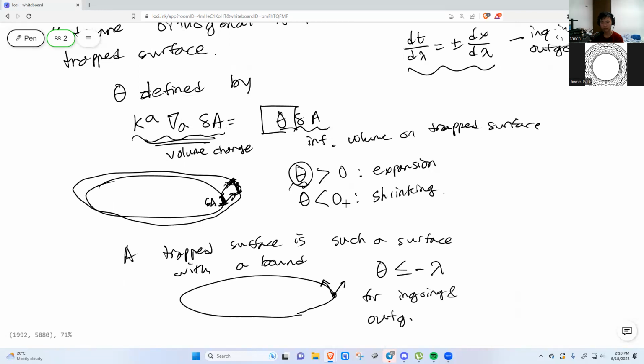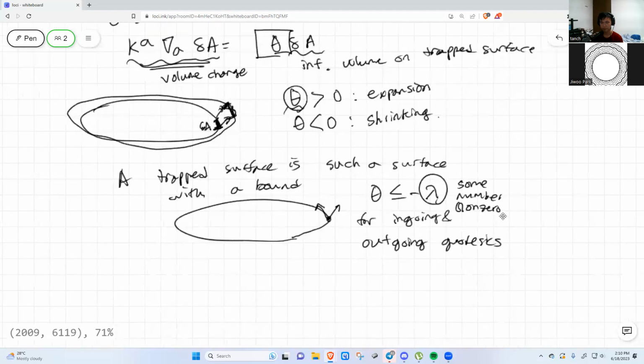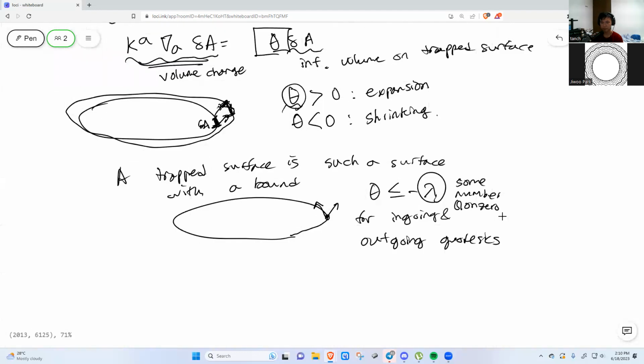I see. Why can't it be just less than 0? Is that enough? Zero is not enough. This thing has to be some finite number. So this lambda has nothing to do with any parameter. Yeah, so we don't need to call it lambda. Instead I will call this something else. But if it is some finite number, then isn't it just strictly less than zero?